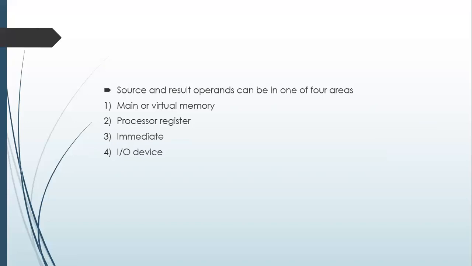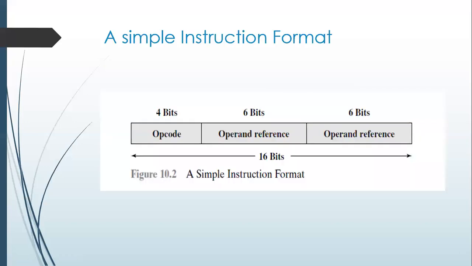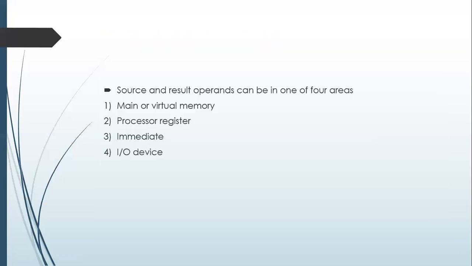immediate. If your processor has only one register, then that will be implicit, that you are going to store that operand into that register. And last one is IO device.